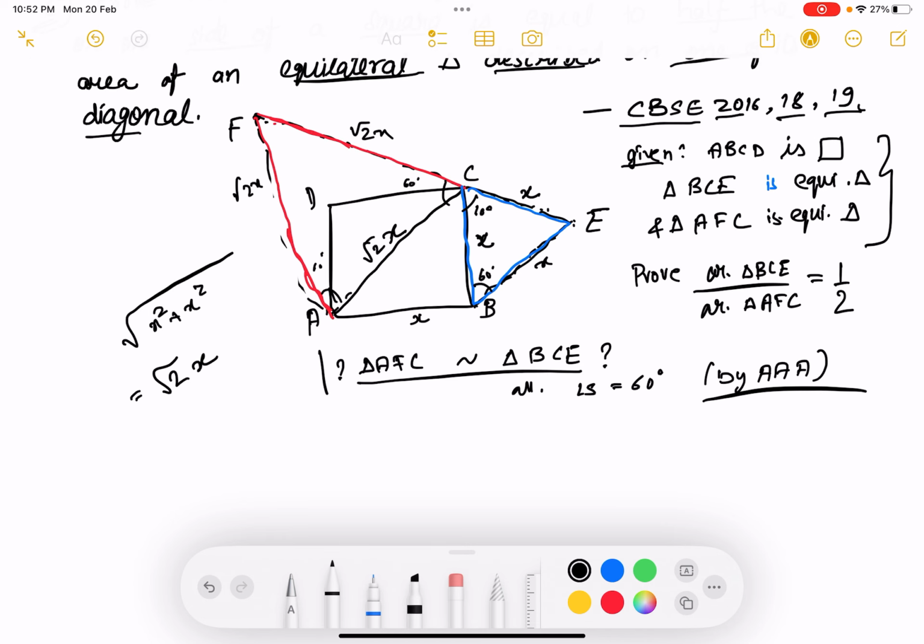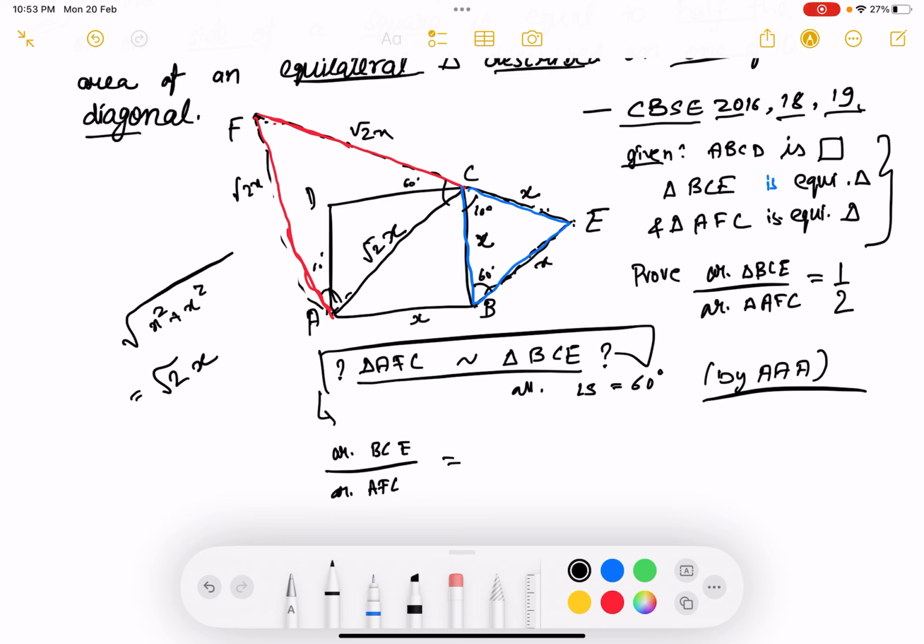Now, as the triangles are similar, what we can say is the ratio of their areas, that is the ratio of area of the triangle BCE upon the area of triangle AFC, is equal to the square of their corresponding sides.